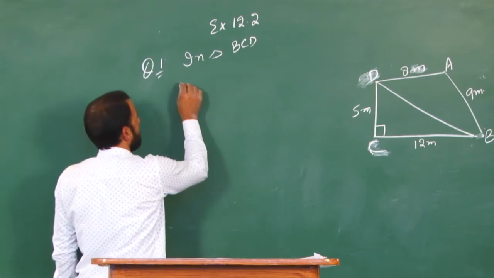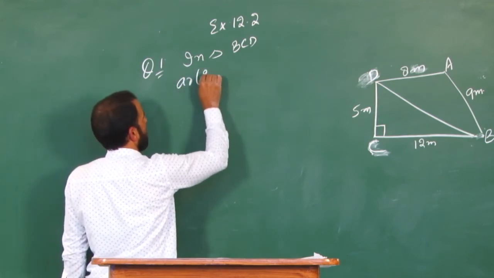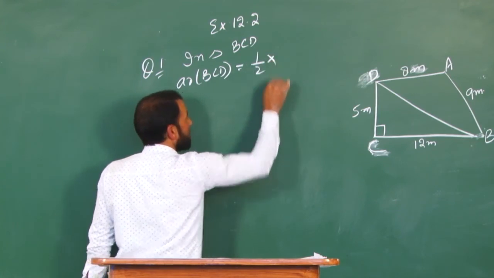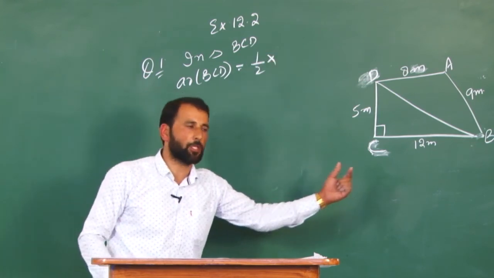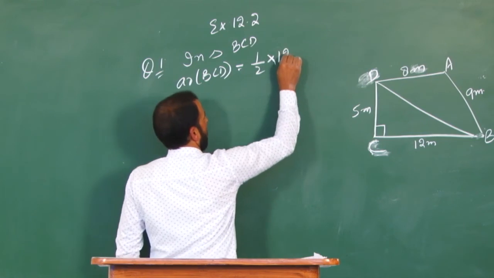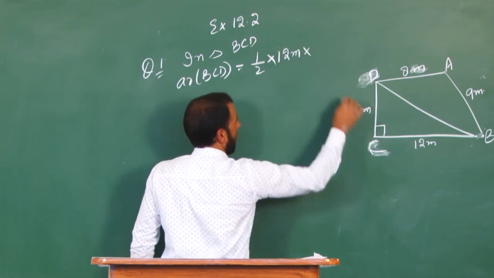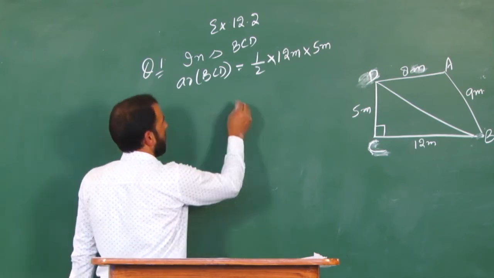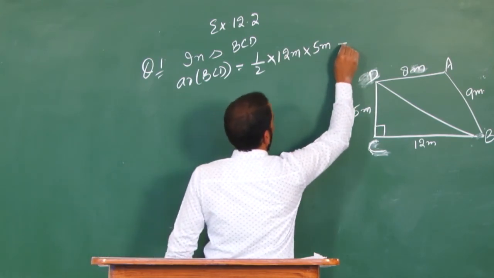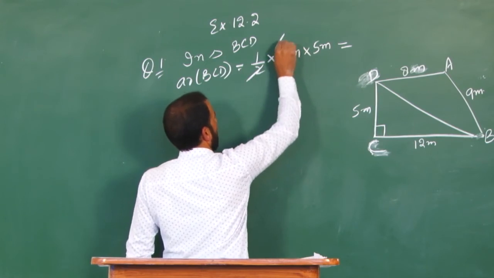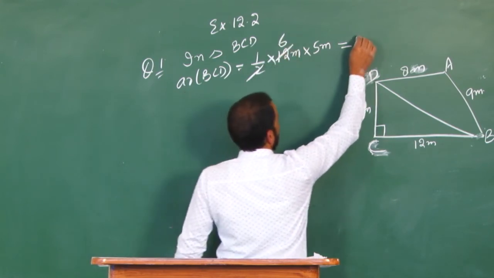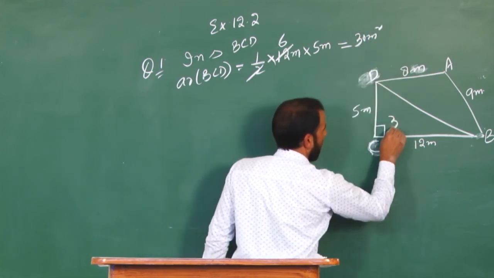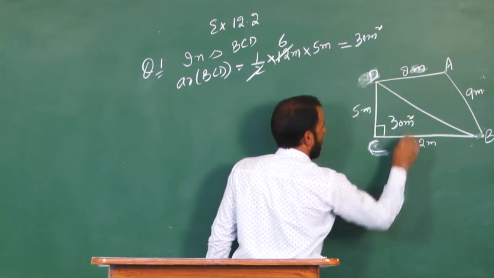So area of BCD is equal to 1/2 of, which side is the base? Clearly it is 12 meter, into height, that equals 5 meter. After calculating, you get 1/2 into 12 is 6, and 6 into 5 is 30 meter square, the area of this triangle BCD.